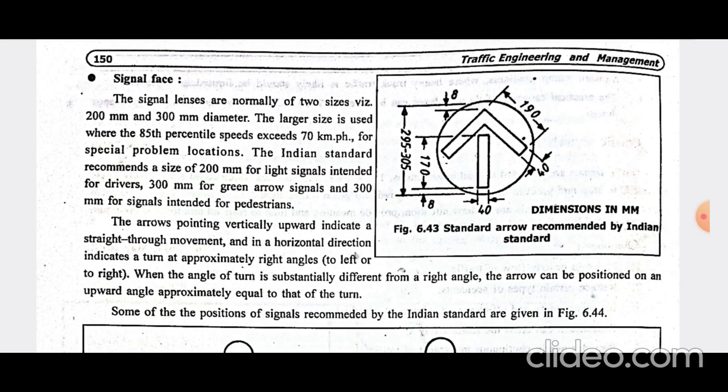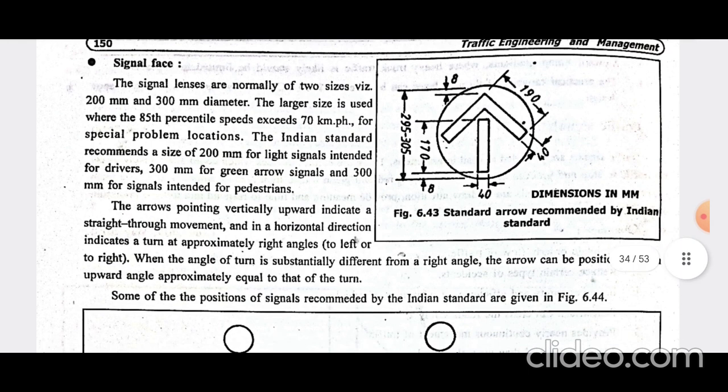So these three lights are fixed on a pole at a crossroad to control the traffic. Now next is the signal face. So here signal lenses are normally in two sizes, 200 mm and 300 mm in diameter. The large size is used where the 85th percentile speed exceeds 70 kilometer per hour, and at special problem locations.